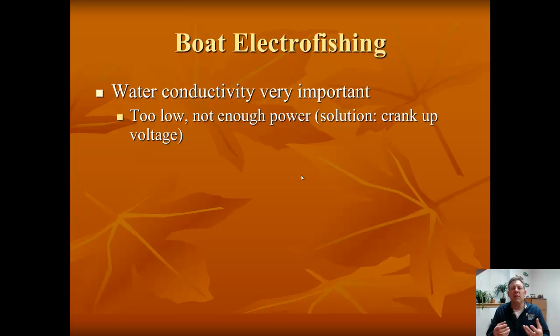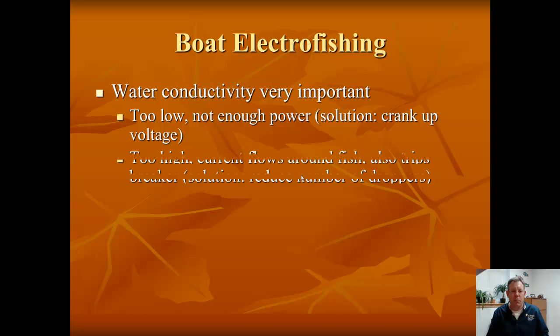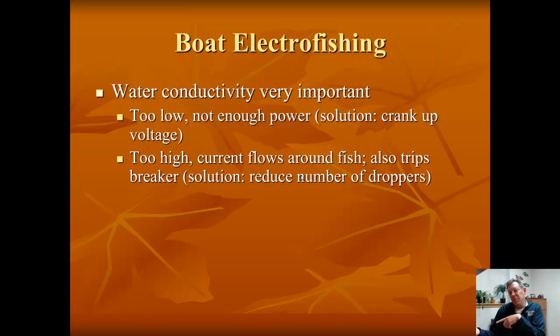If the conductivity is low, the electrons don't want to flow, and you have to add more power to get them to flow. At the other end of the spectrum, if the conductivity is too high, then the current flows really well. And in fact, the current will flow around the fish because the fish will have more resistance than the water it's swimming in.